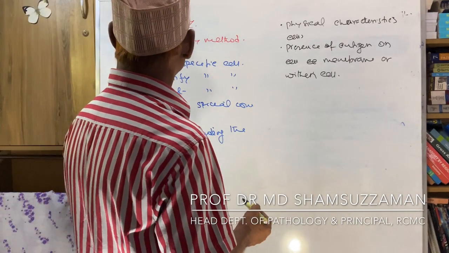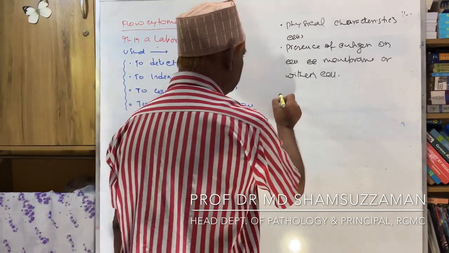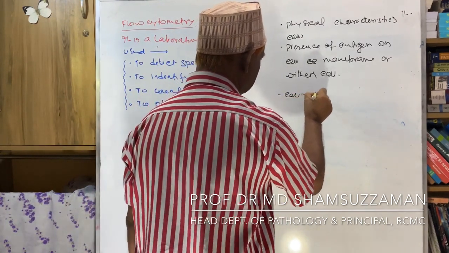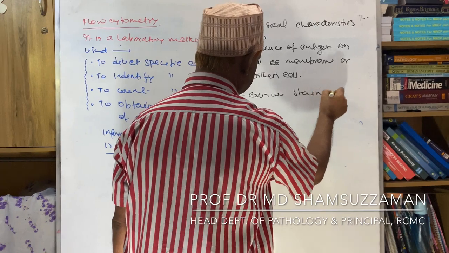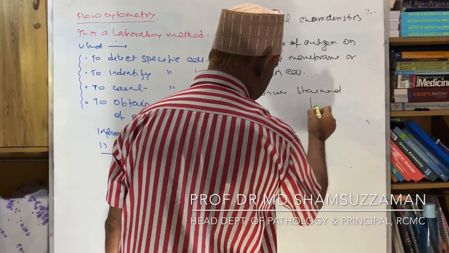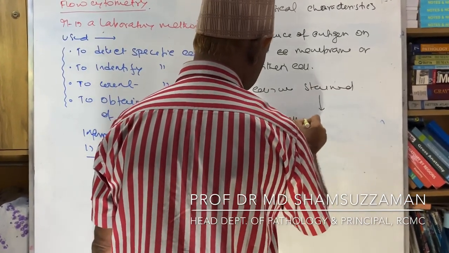What is done in flow cytometry? First the cells are stained.